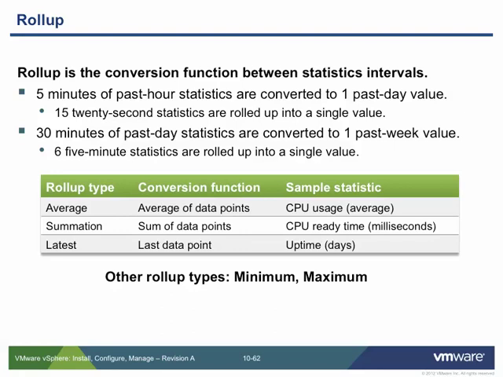What they're trying to say here is the 15 20-second statistics roll up to a single value, which is the 5 minute one. So every 20 seconds a value is collected and stored on the host, and then 15 of those 20-second samples are summed up to create a single 5 minute sample, because 15 times 20 is 5 minutes, right? So those 15 20-second statistics are all added together, and that's your 5 minute sample.